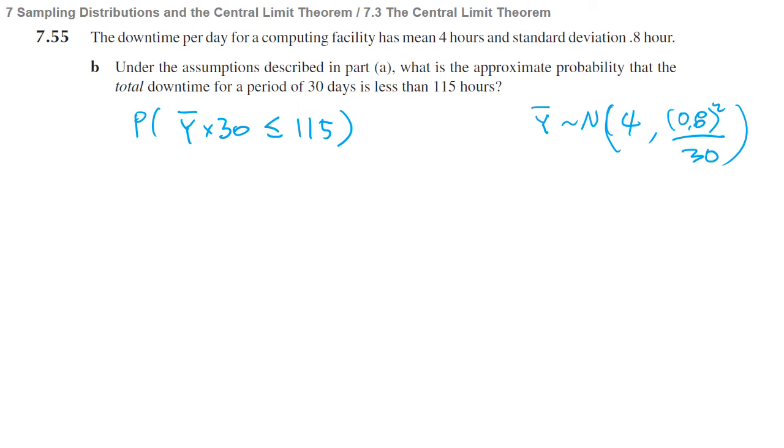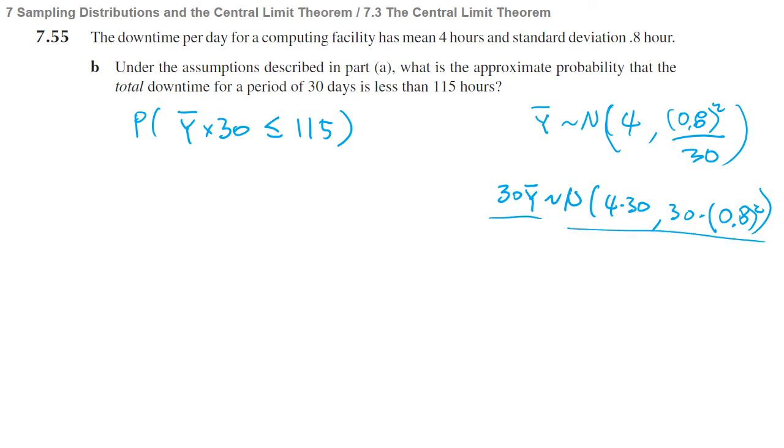And what about 30 times y bar? This follows normal with mean 4 times 30 and variance 30 times 0.8 squared. So 30 times y bar follows the normal of this, so you can approximate it using this.